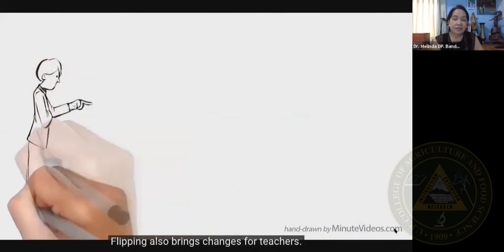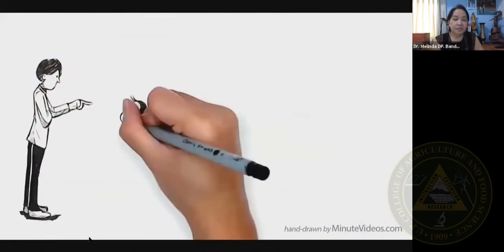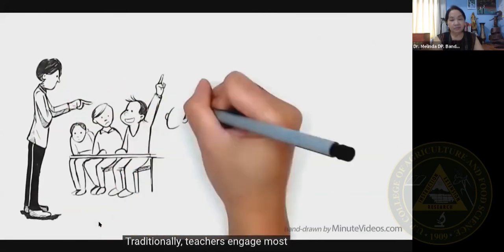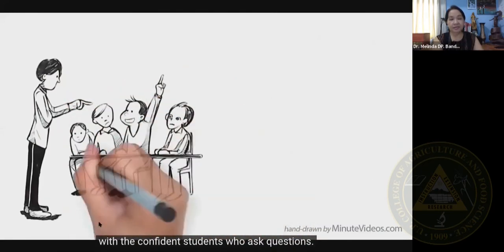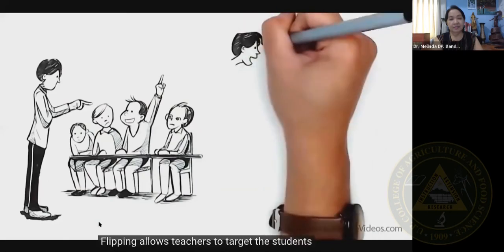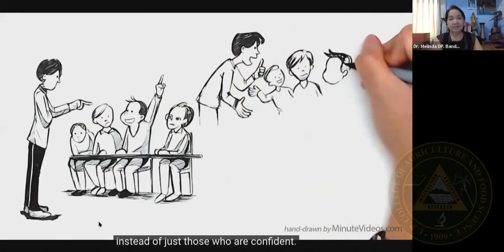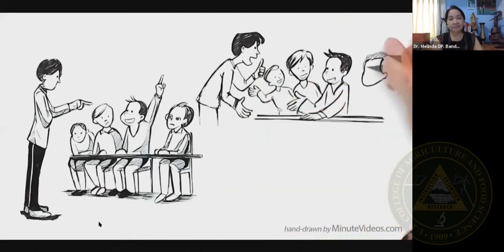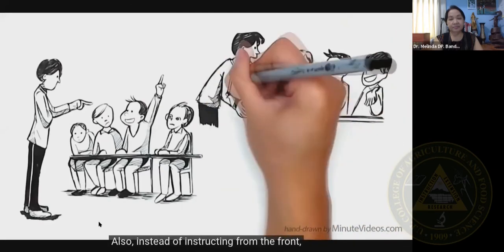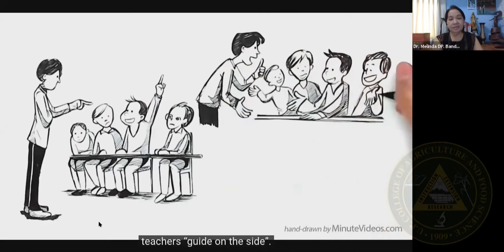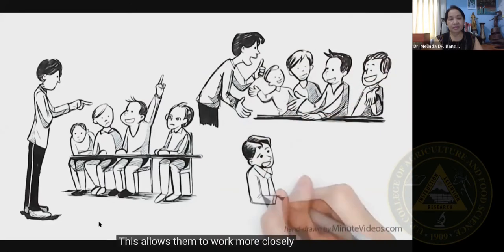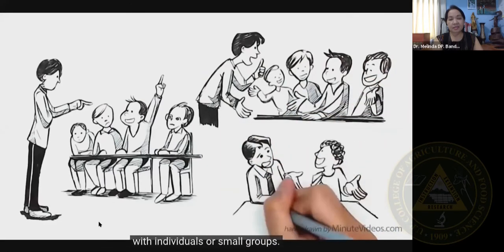Flipping also brings changes for teachers. Traditionally, teachers engage most with the confident students who ask questions. Flipping allows teachers to target the students who really need help, instead of just those who are confident. Also, instead of instructing from the front, teachers guide on the side. This allows them to work more closely with individuals or small groups.